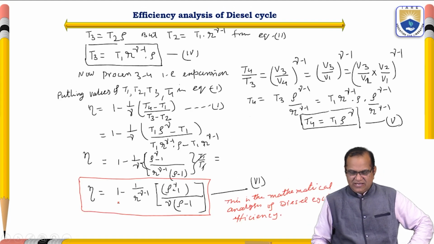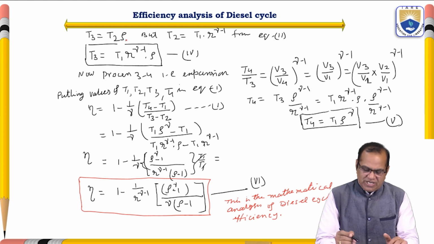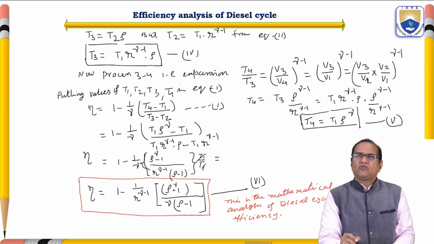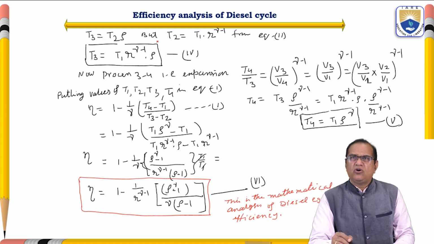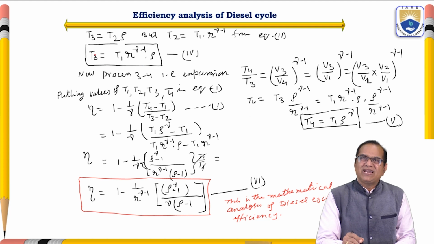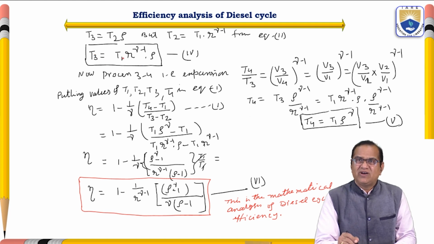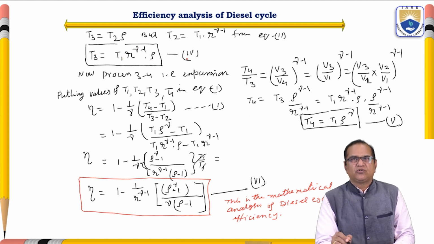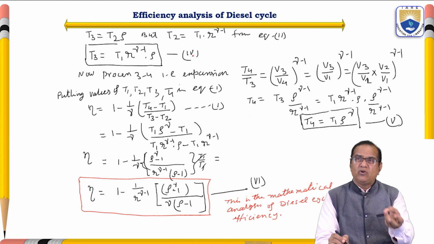We will see this in the next slide. T3 is equal to T2 into rho, but we know that T2 is equal to T1 r to the power gamma minus 1. So we get T3 is equal to T1 r to the power gamma minus 1 into rho. So we have got T2 and T3.